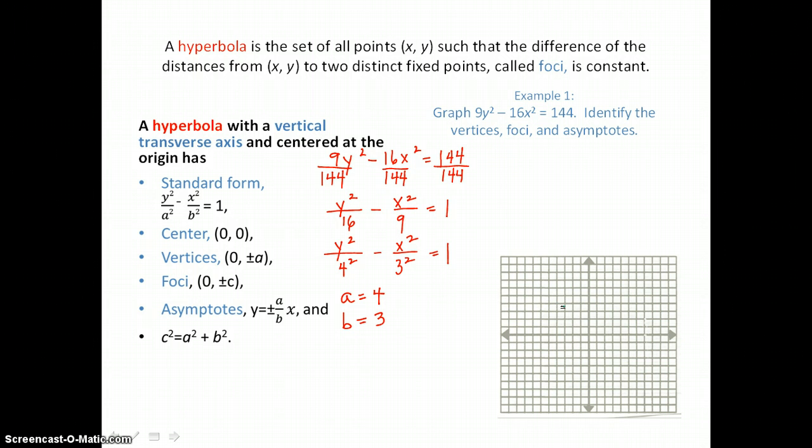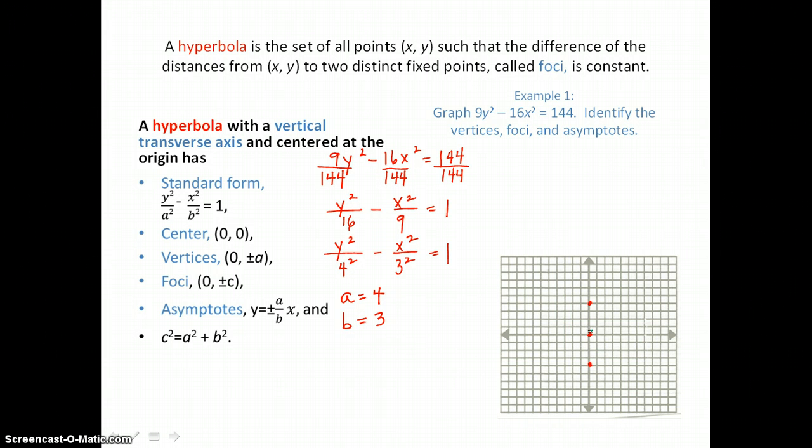Now I know the center is (0, 0), because both h and k are 0 in this equation. And I know that my vertices are located a units from the center on that vertical axis. So I'm going to go up 4 units to locate one vertex, and I'm going to go down 4 units to locate the other vertex.